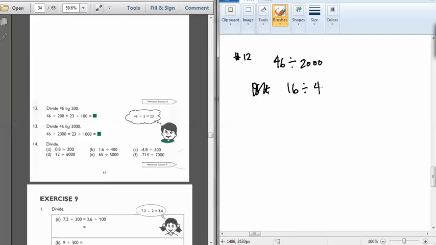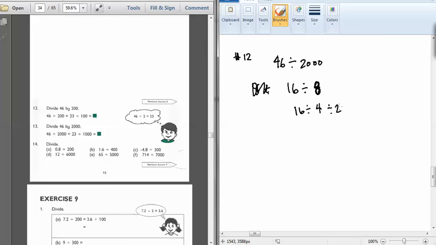Actually, let's do 16 divided by 8. What's the answer to that? It's really easy. It's just 2, right? But I could, if I wanted to, say, well, that's 16 divided by 4 divided by 2.